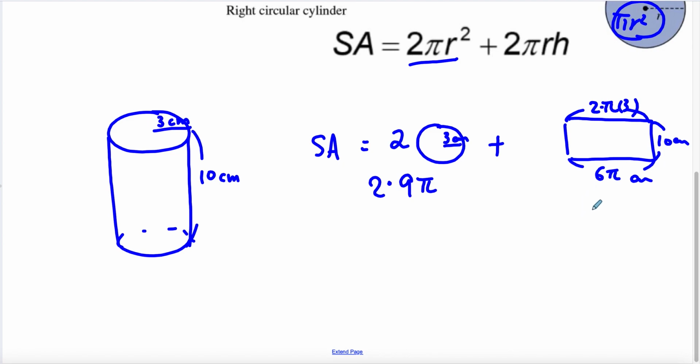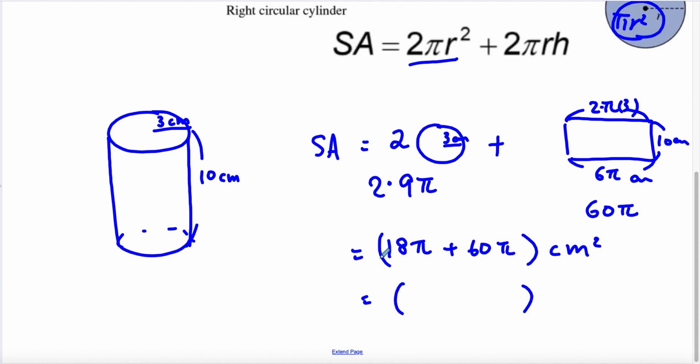So the rectangle's area here should be 6 pi times 10, which is 60 pi. So for the surface area, you have 2 times 9, 18 pi, and you have 60 pi, and everything is in square centimeters because it's an area. Adding them together, 18 pi and 60 pi, it's 78 pi square centimeters.